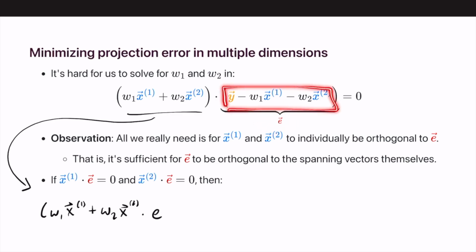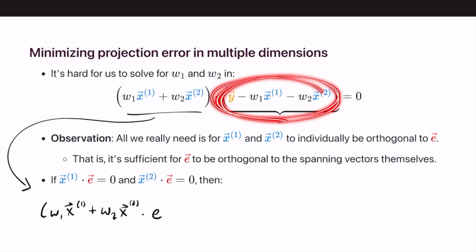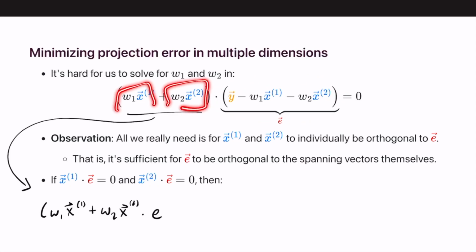That's this entire thing, but we don't really care about that right now. So what we're trying to show is that this vector e, which is our error essentially, if you're orthogonal to either one of these, then you're orthogonal to the sum of both of these, or all of your x's, because of that idea that they are a linear combination.